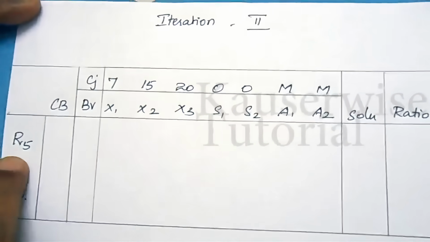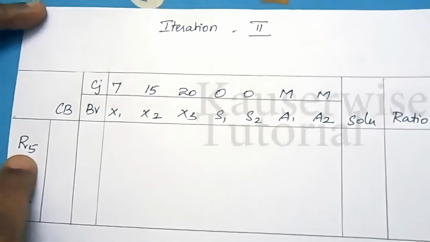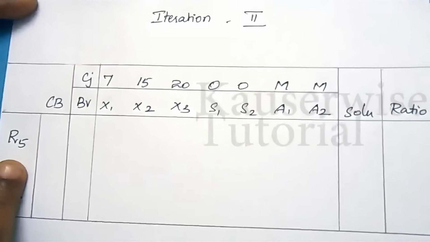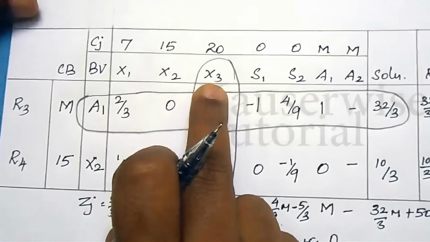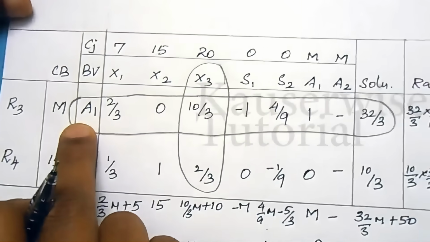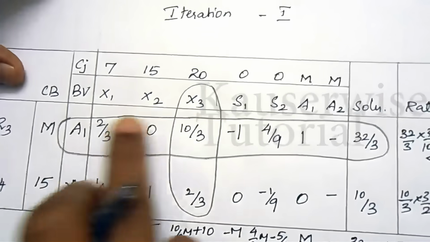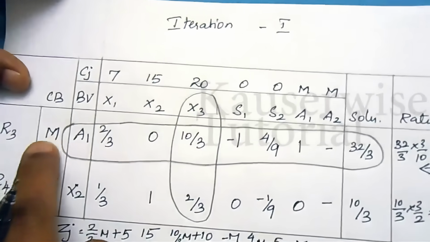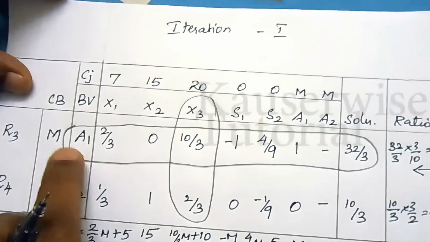Now we need to frame R5, that is row 5. In the previous iteration, which one is entering and which one is leaving? X3 is the entering variable and A1 is the leaving variable. So instead of A1, we need to write X3, and the X3 cost value is 20. Here we need to write 20 and here X3.